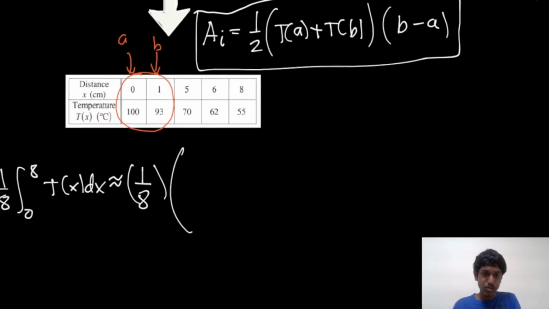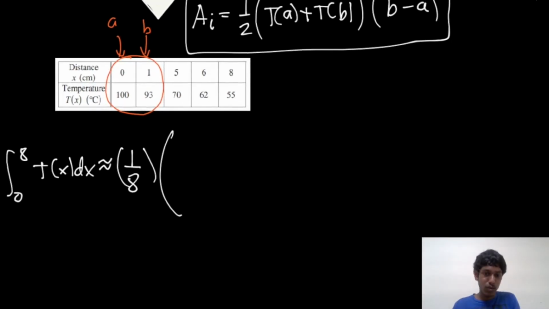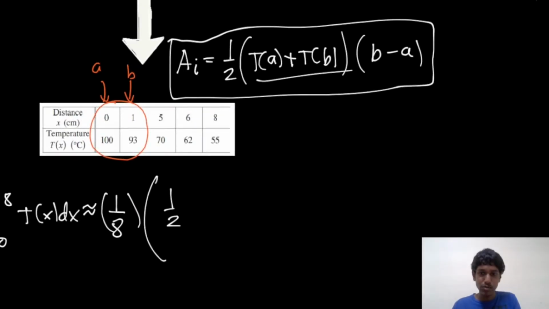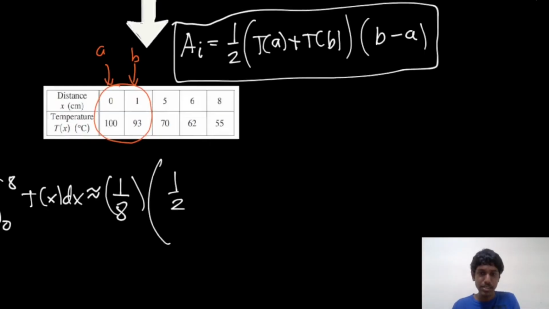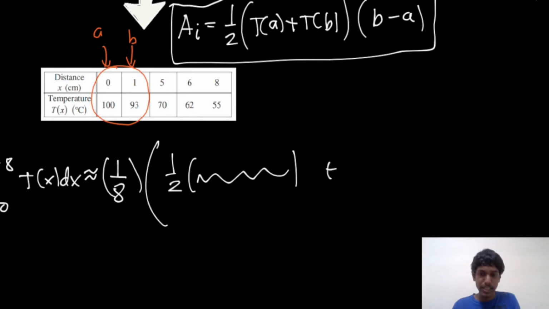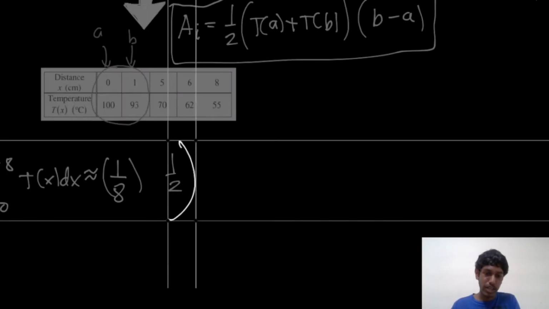So we start with 1/2, and we could write 1/2 over and over again, where we'd have 1/2 times something, and then add 1/2 times something else, and so on. But if you're calculating it, one idea might be to factor out the 1/2.